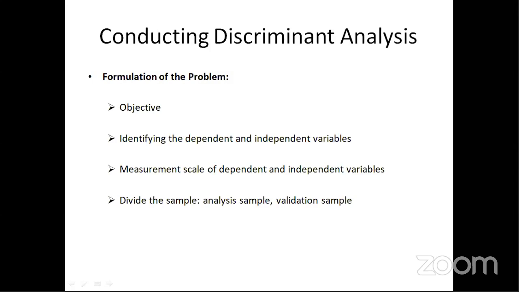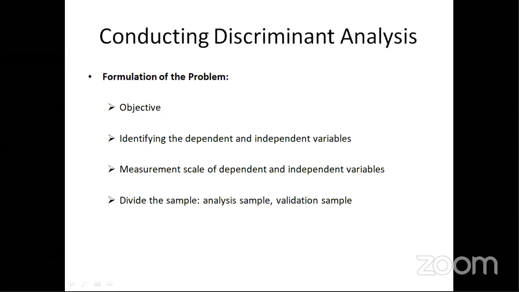Right. The next point in the formulation of the problem is to see the scale of measurement, the measurement scale of the variables. It is very important to check. For the application of any statistical technique, you have to see the assumptions of that technique, because if you are not considering the assumptions, there is no application of that technique.